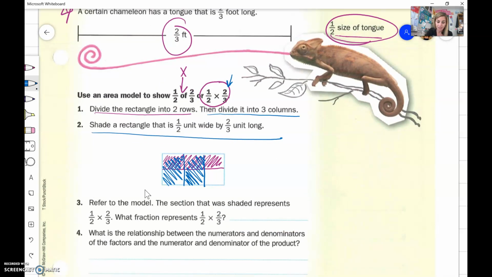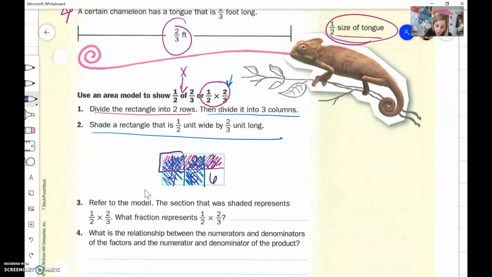Then it says, let's take a look at this. How many little pieces do I have inside this rectangle? Well, there's 1, 2, 3, 4, 5, 6. Okay, I have 6 pieces. Of those 6 pieces, which ones are double shaded? Meaning, which ones have the 1/2 shaded in and which ones have the 2/3 shaded in?